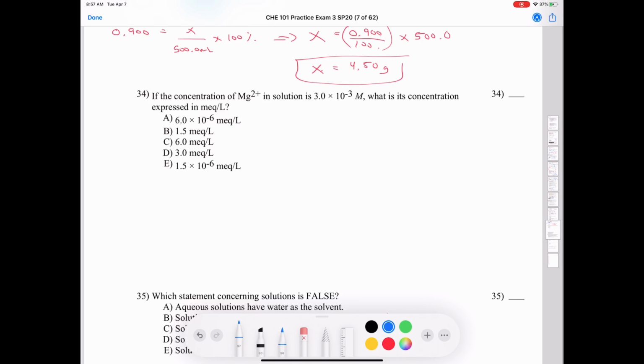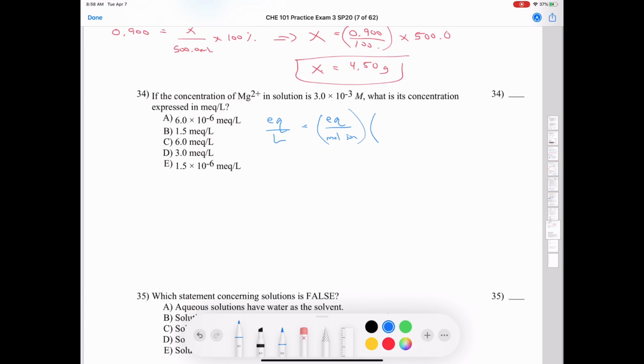Question 34, if the concentration of magnesium 2 plus in solution, so that's the magnesium ion, is 3.0 times 10 to the negative 3 molar, what's its concentration expressed in milliequivalents per liter? So you might remember the formula, which is the number of equivalents per liter is equal to the number of equivalents, which is our charge, the number of units of charge, divided by the number of moles of a particular ion.